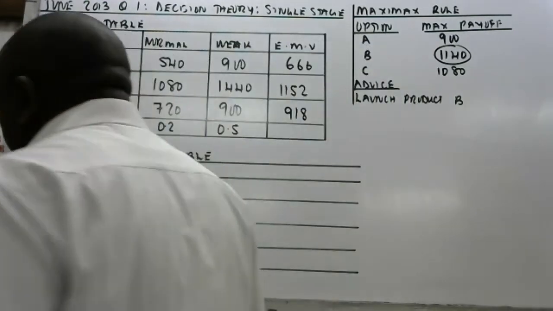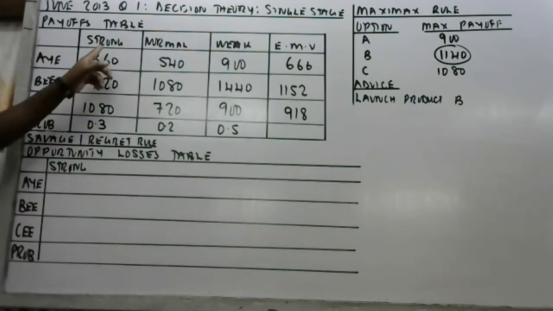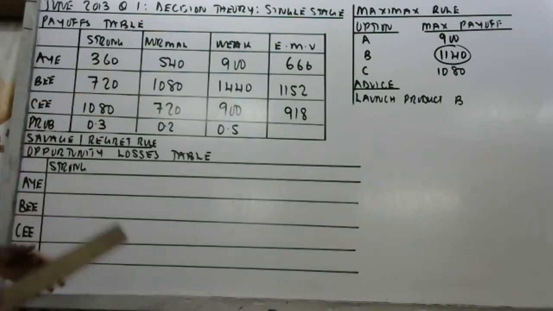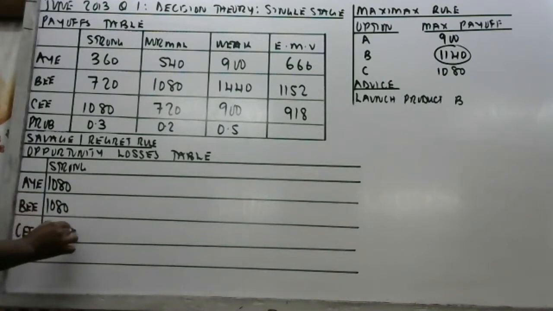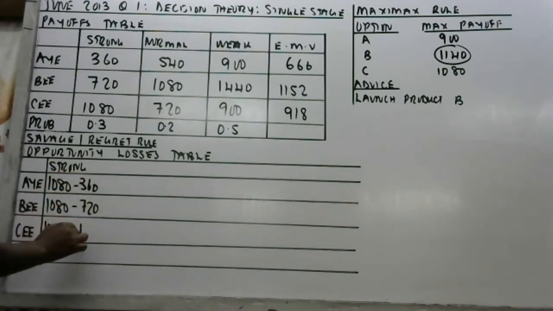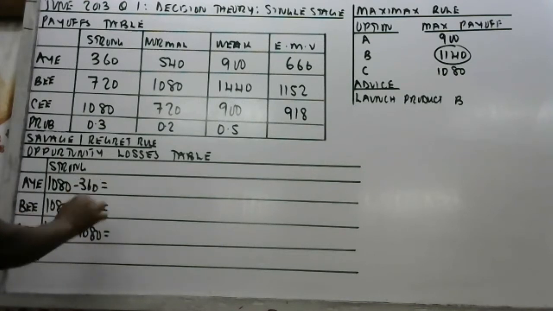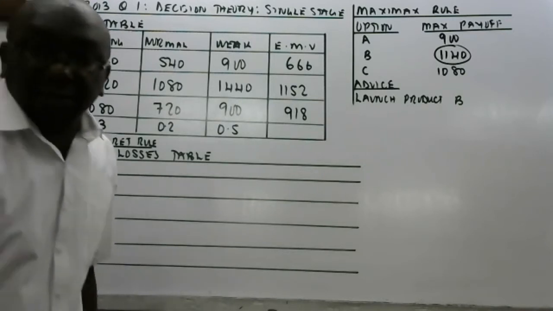This is what you do in making the opportunity losses. You go to each outcome, you pick the highest. So the highest here is 1080. Then you subtract the others from 1080. So 1080 minus 360, what do you get?